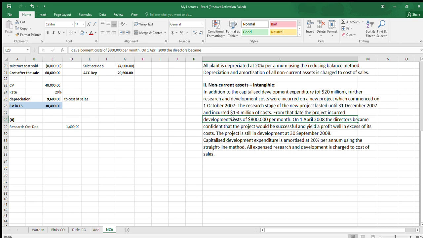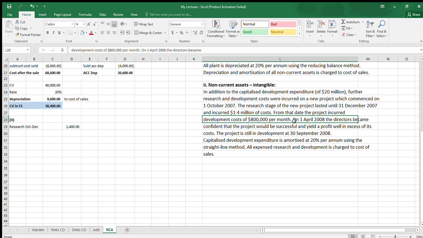You have to know this. According to IAS, it is only going to be capitalized when management is certain that the project is going to be viable. From that date, you start capitalizing. So development costs were paid monthly at 800,000 per month from 1st January 2008.